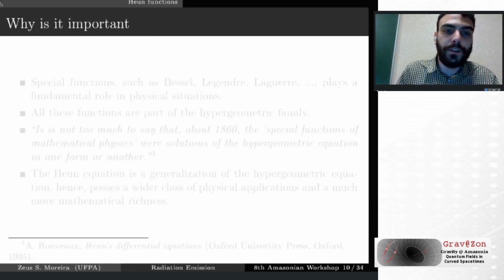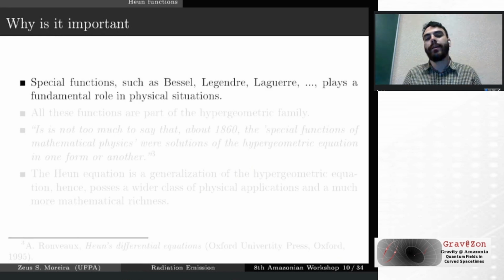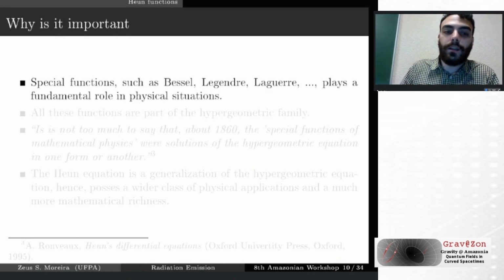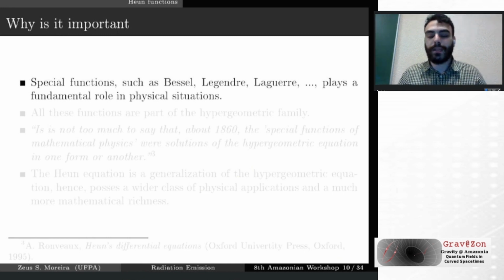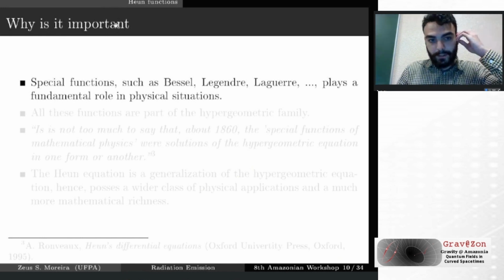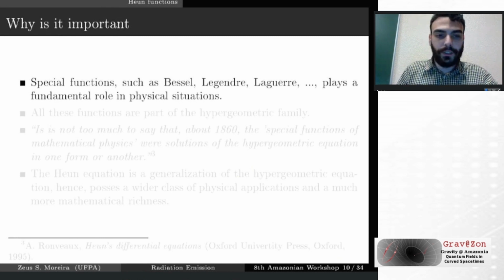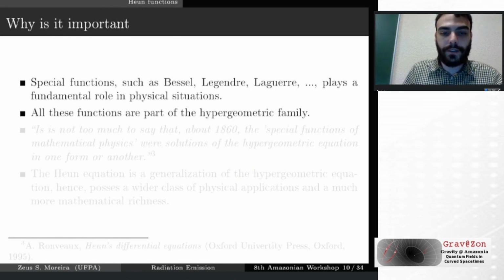Okay, so why are Heun functions important after all? Special functions play a crucial role in mathematical physics. Everybody knows the Bessel functions, Legendre, Laguerre, Hermite, and so on. And all these functions appear in physics problems like, I don't know, the hydrogen atom, the quantum harmonic oscillator, the Laplace equation in electrostatics, and all these functions are part of the hypergeometric family.